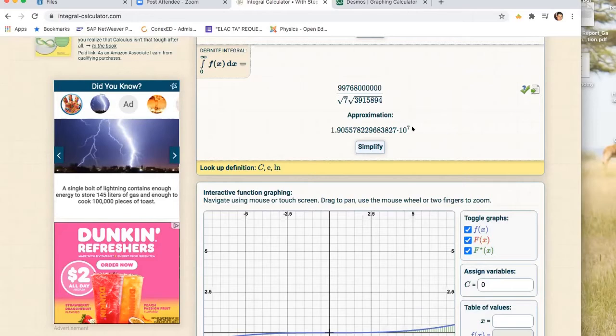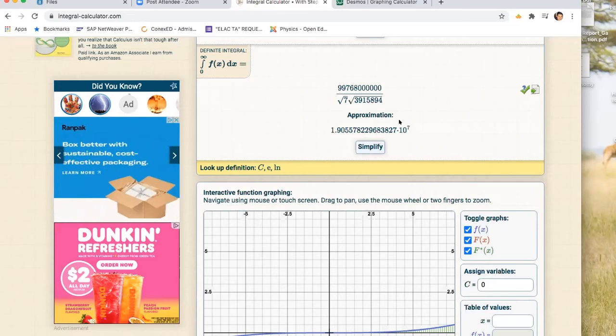Now, what should I divide that by? The number of particles, right? 40,000. So what's going to happen? Well, let's hope for the good news here.